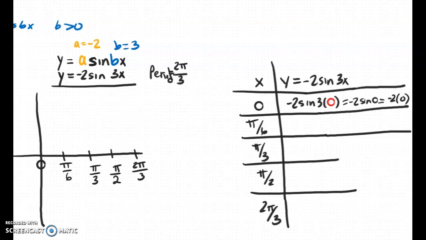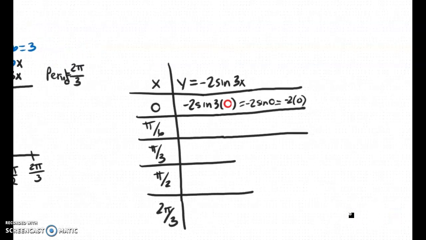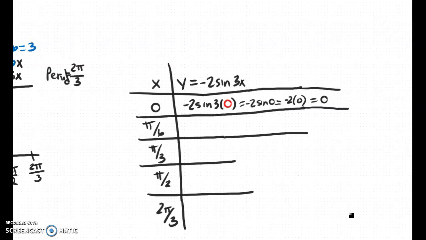So I'm going to say negative 2 times 0, which gives me 0. Now, my xy table typically would just be 0, 0. However, I just wanted to write out the steps that I'm doing in between to show you.